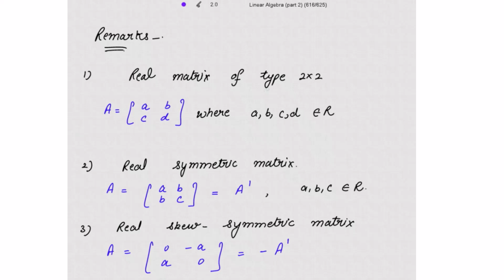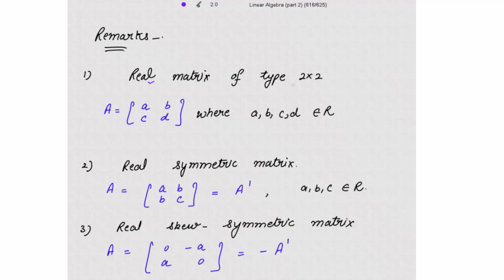Real matrix of type 2 by 2 means A is equal to [a, b; c, d]. These are the elements of the matrix, where a, b, c, d belong to R, R means real, because the matrix given is to be a real matrix. So a, b, c, d are real numbers that belong to the set of real numbers.